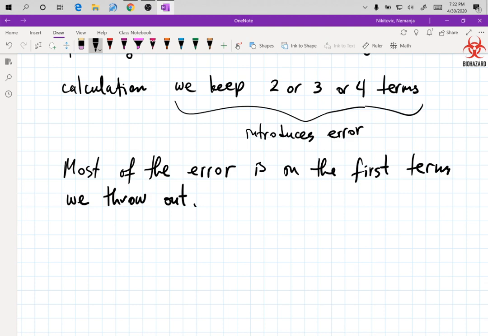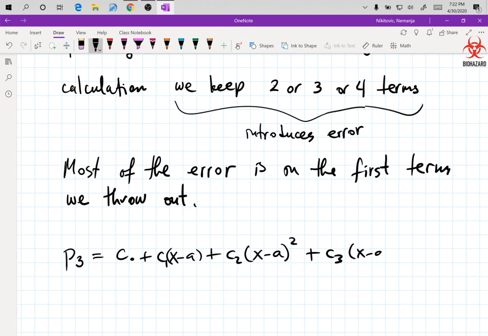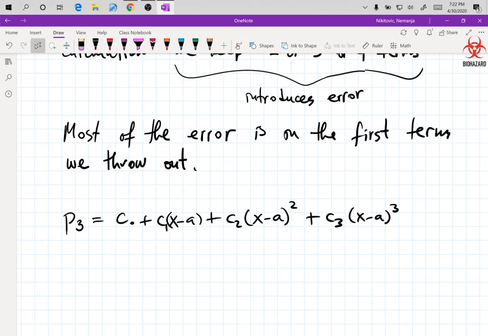So if you are calculating P3, which is C0 plus C1 (x minus a) plus C2 (x minus a) squared plus C3 (x minus a) cubed, the error is approximated by C4 (x minus a) to the 4, right?